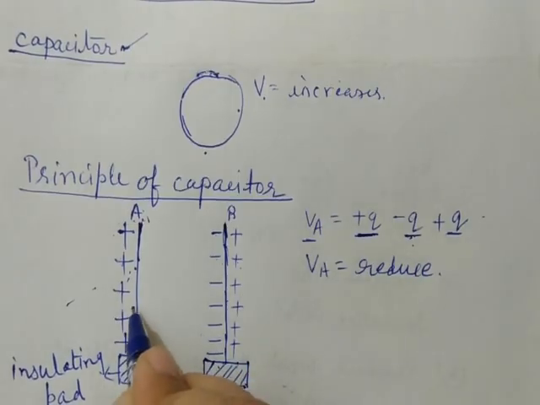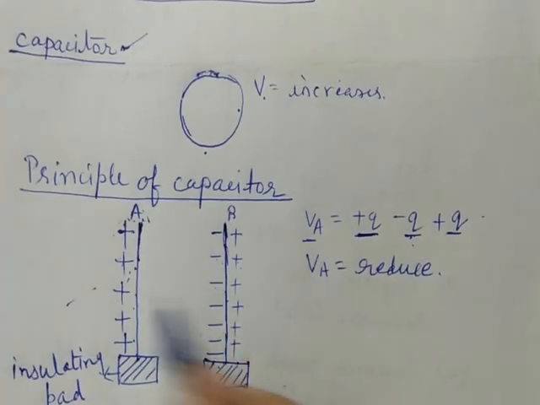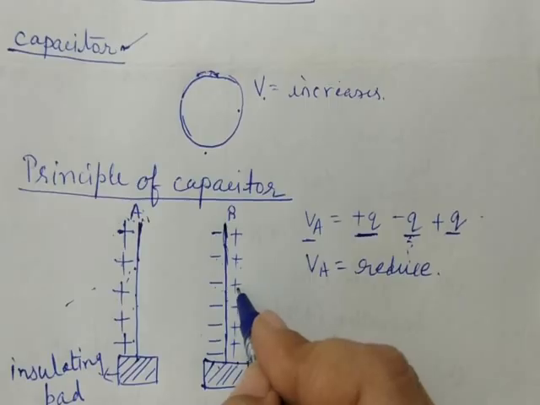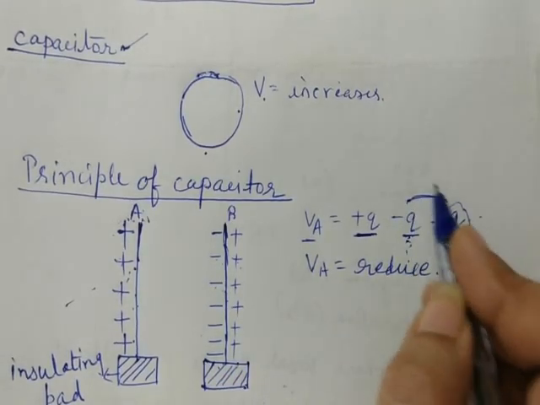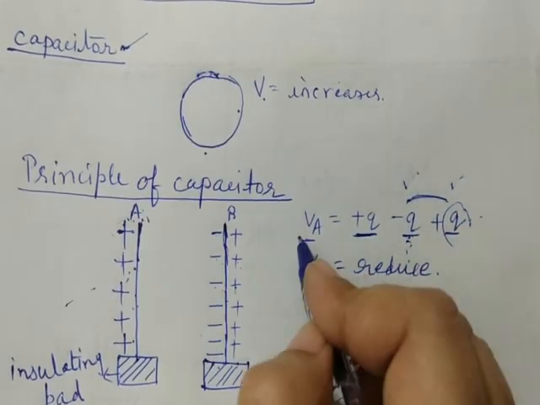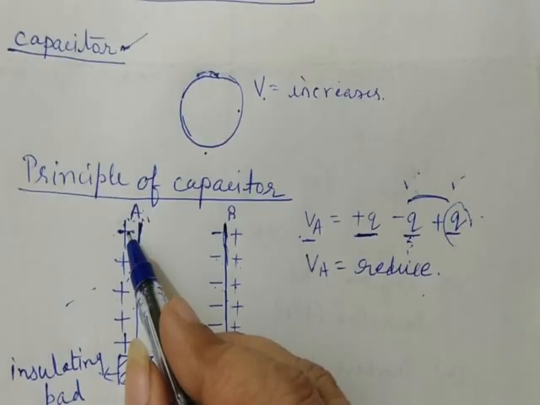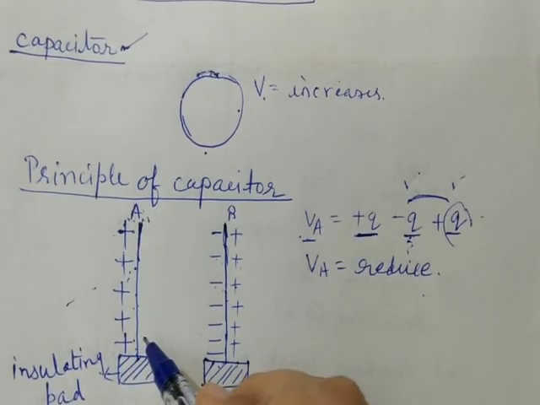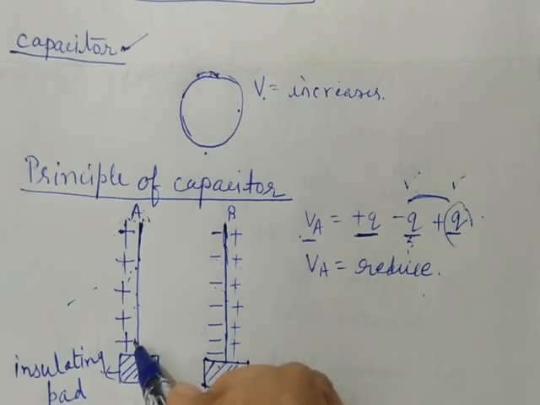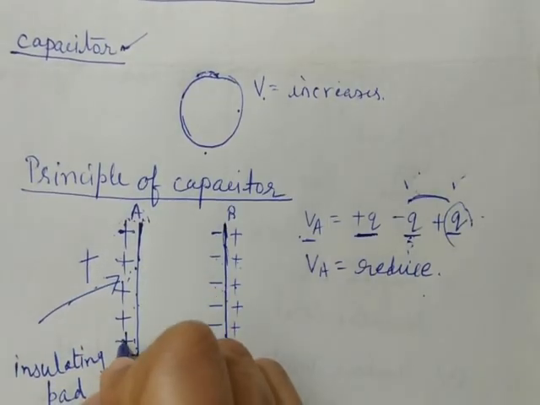Because this charge has no role in the potential, and the negative charge is nearer, this value is more, and the positive charge is far, so this value is less. So if I see these two, this will be more, this will be less, so the net potential will decrease. Now, if the potential of A decreases, then to take it to its maximum value of potential we can supply more charge to it, and it will now take more charge.